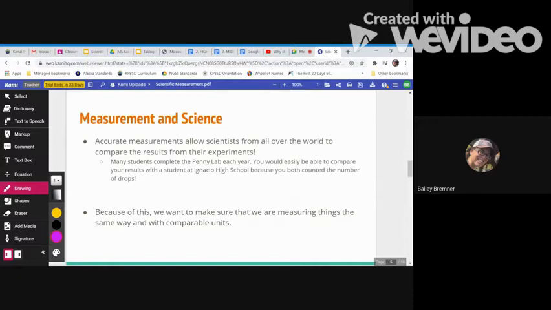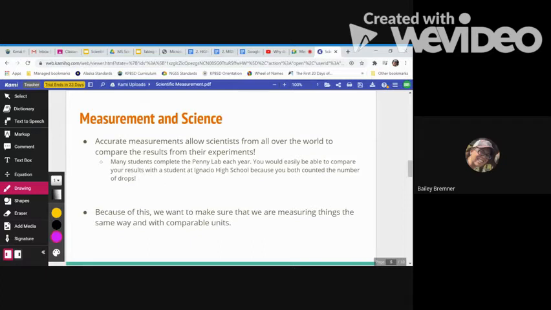So measurement in science. Why do we use measurements for science class and science in general? We want to make sure that we're accurate because it allows us to communicate with scientists from all over the world. For example, you guys all did the Penny Lab. Students all over the United States do the Penny Lab every year. So you could compare your results with students from Ignacio High School, where I was at last year.